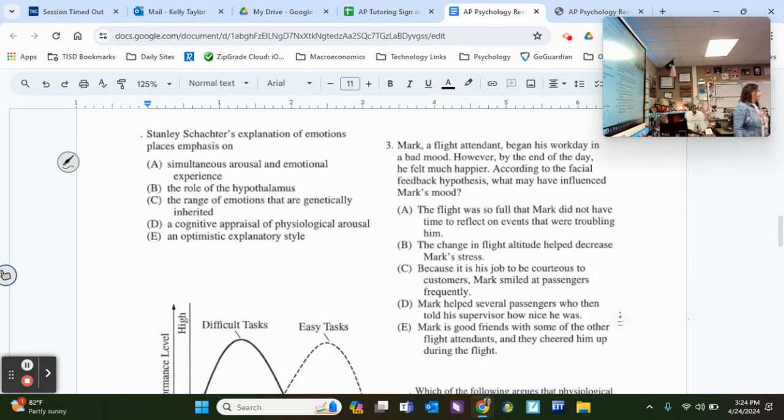How did I get number 5 wrong? Only A does on test A. I had B. No, you had A.